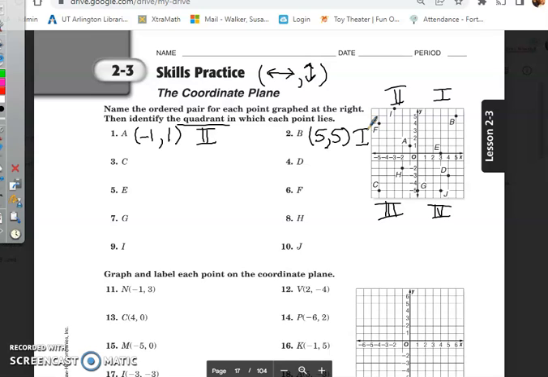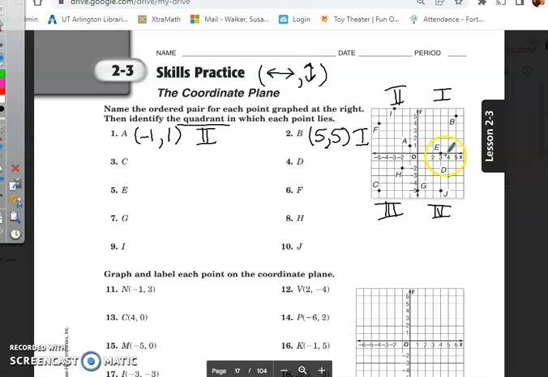Number 3 is C. And you're going to do C alone. You're going to do D alone. Let's do E together. Start right here, E. So remember, our first movement is left or right. In this case, obviously I go right. 1, 2, 3.